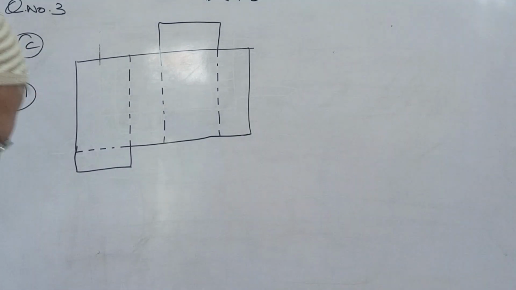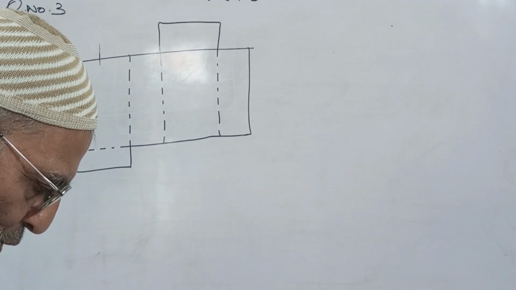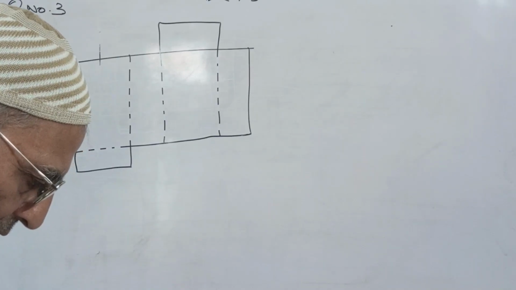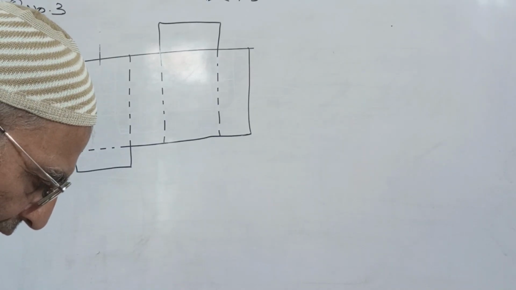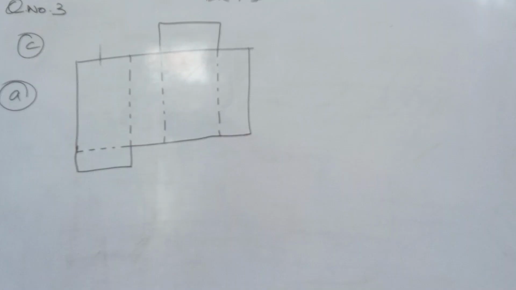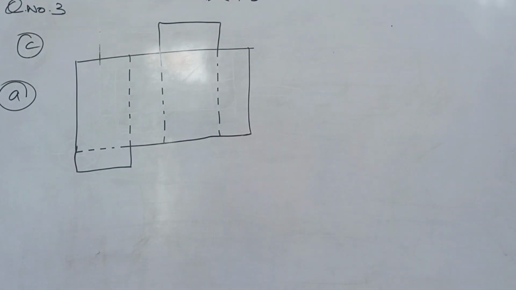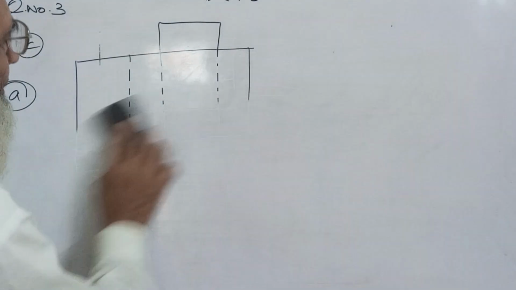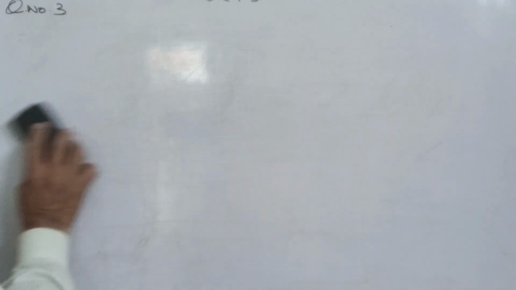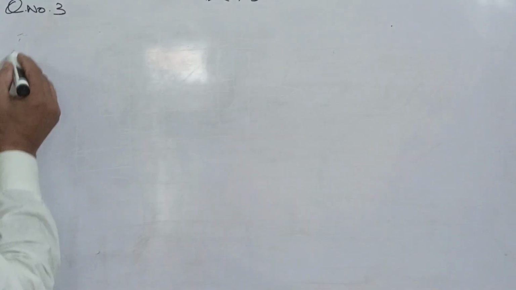First answer is A. How would you make a cardboard model of this numbered octahedron? Draw labeled sketches to show your solution. Okay. Question number 4.